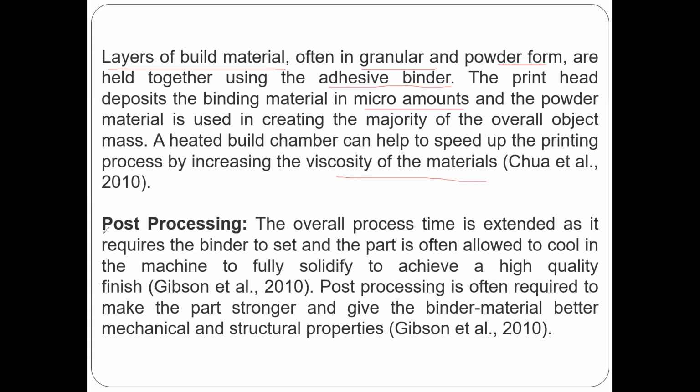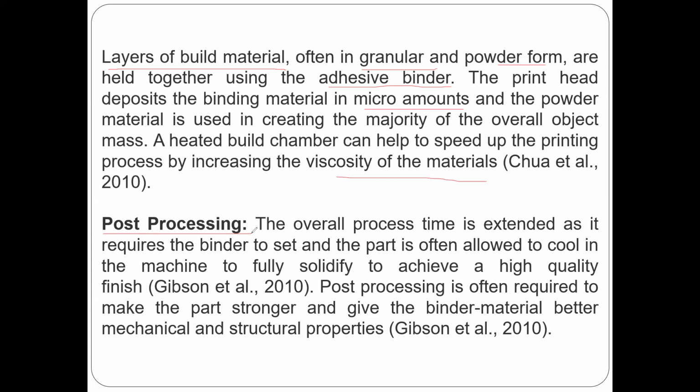Then students, one important part related to this process is the post-processing of the sample. Generally, when you print the part, it is a bound part together, and it is referred to as a green part, and later on it needs to be post-processed.